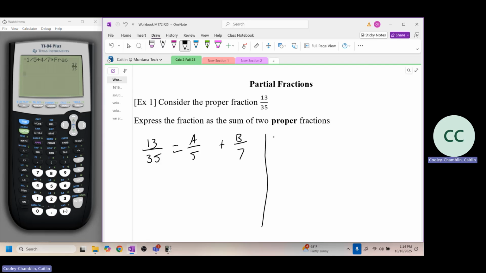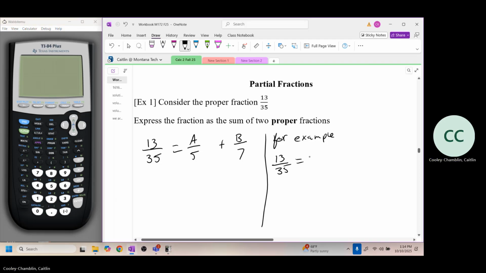For example, some students will say 13 over 35 is equal to -1 over 5 plus 4 over 7.